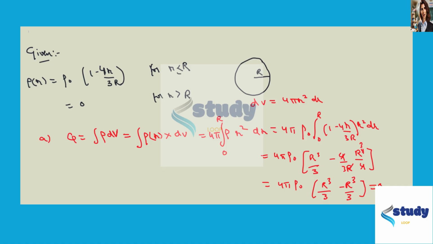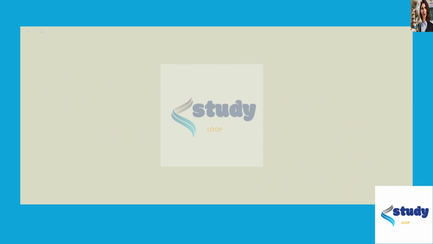So the total charge contained within this volume is 0, but it is distributed over the whole sphere, and we have a minus sign, which says something. That means some of the volume has negative charge and some has positive charge, but the total charge is 0. So that's your A part.